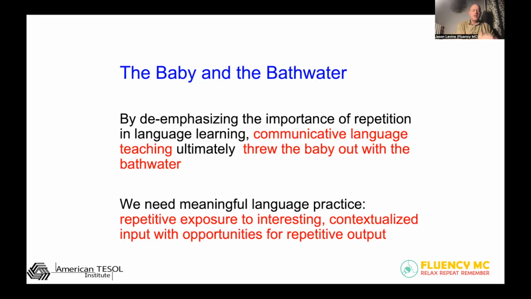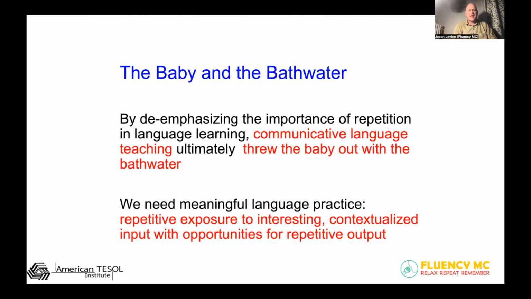It needs to be focusing on speaking and listening. Students need to be able to internalize those structures and use them automatically. Great. So that happened. But what happened when communicative language teaching came along? They correctly said, hey, if you're repeating all these things, it's pattern practice, it's not interesting.